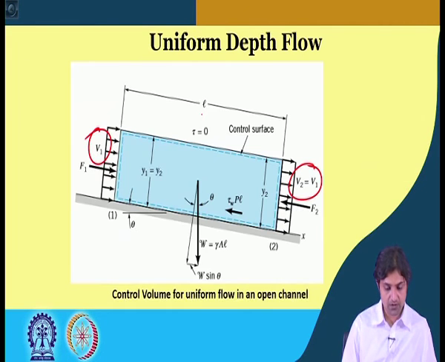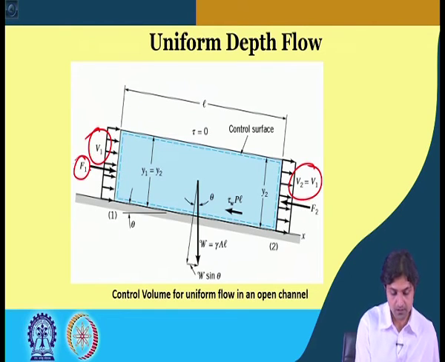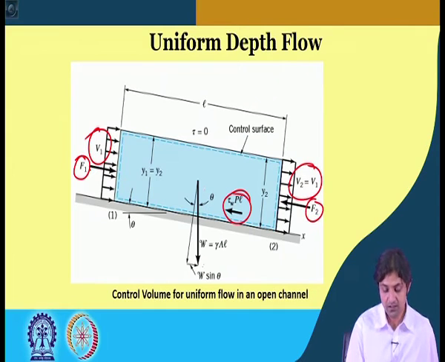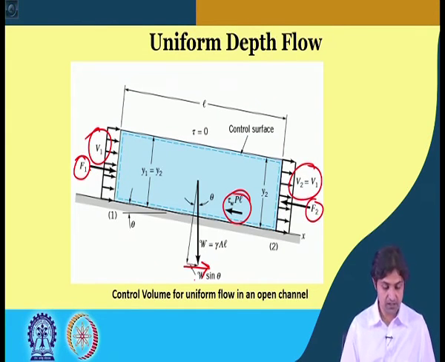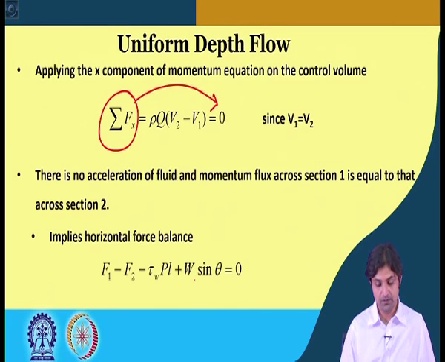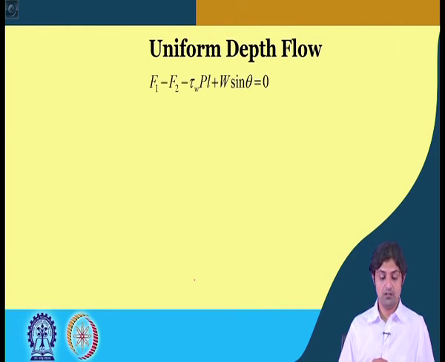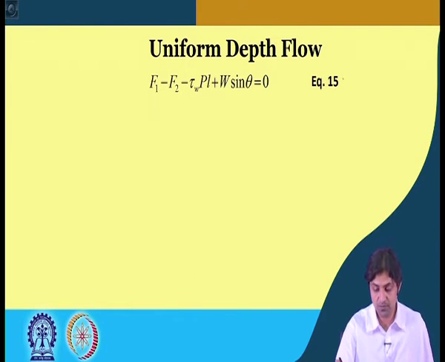Just taking you back to this, you see here F1 minus F2 minus tau w P L, and this is the component W sin theta, that is supporting the flow. Okay. This is the equation. All right. Now, we need to know what F1, F2 and other parameters are. So, again rewriting the equation, F1 minus F2 minus tau w P L plus W sin theta equals 0, and this is equation number 15.